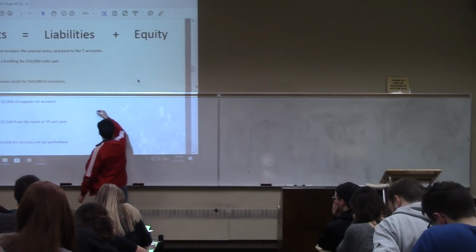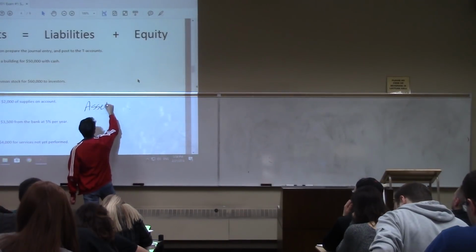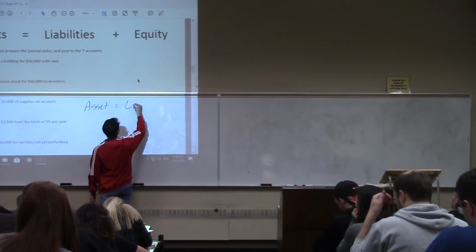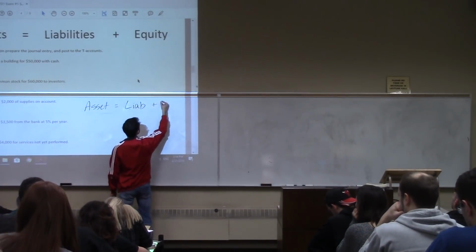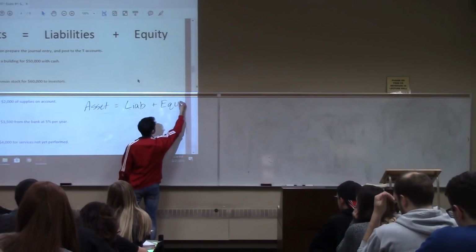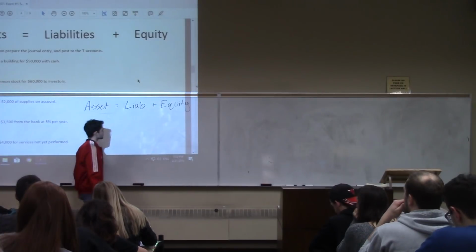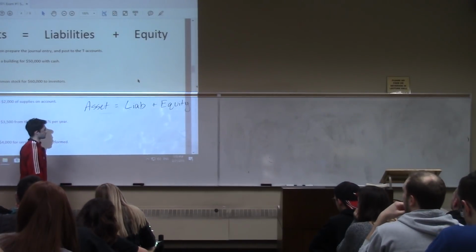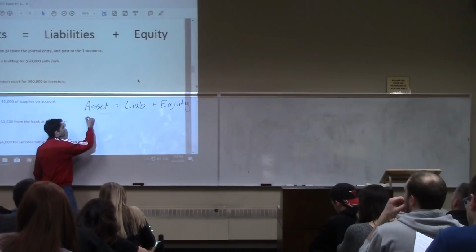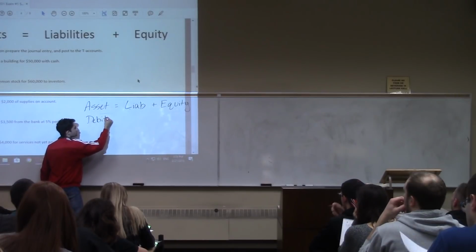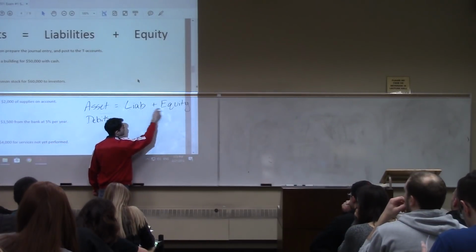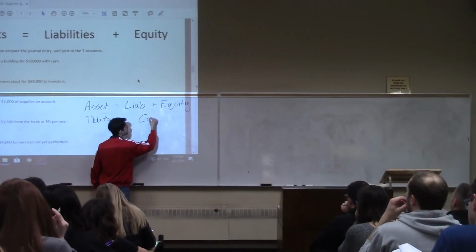We'll first start off with this equation. You guys learned, I guess, the same way to learn the debits and credits. The way I remember it, assets are debited, liabilities and equity are credited.